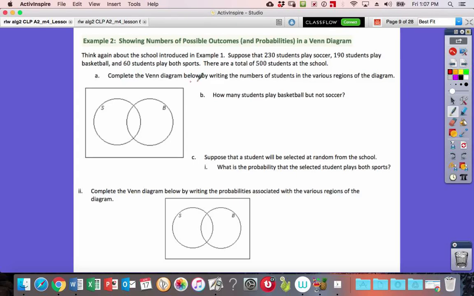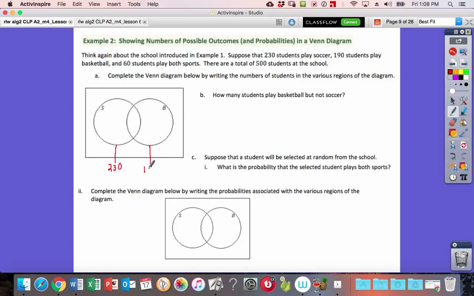Complete the Venn diagram below by writing the number of students in the various regions of the diagram. So let's see what they tell us. Suppose there are 230 students that play soccer. So remember I showed you in that first one, if you know everything in that circle, I'm going to do it like that. And I have 190 that play basketball.